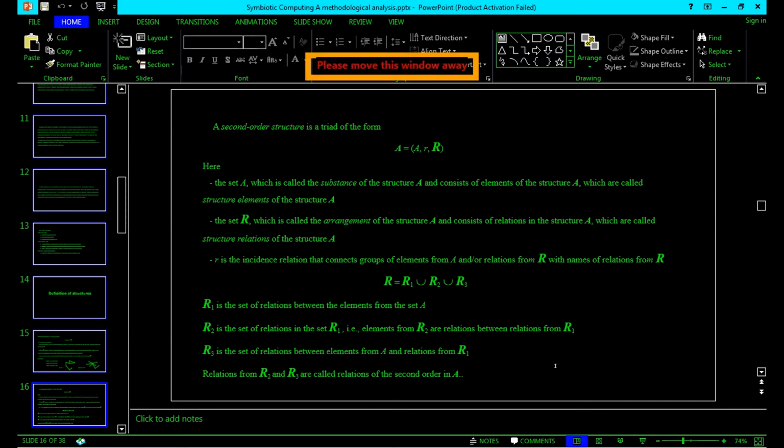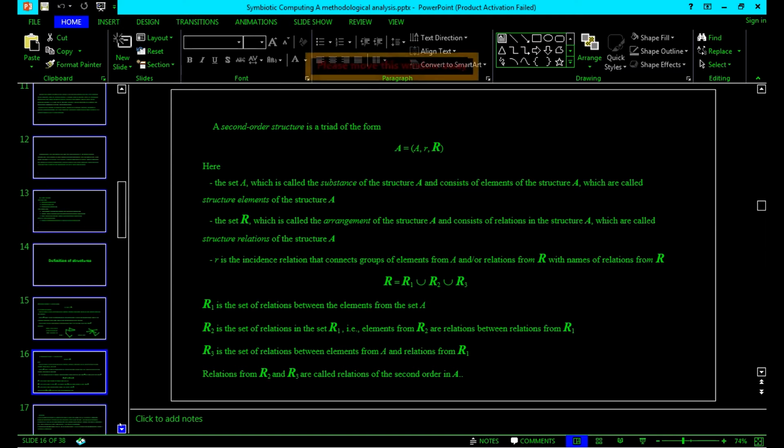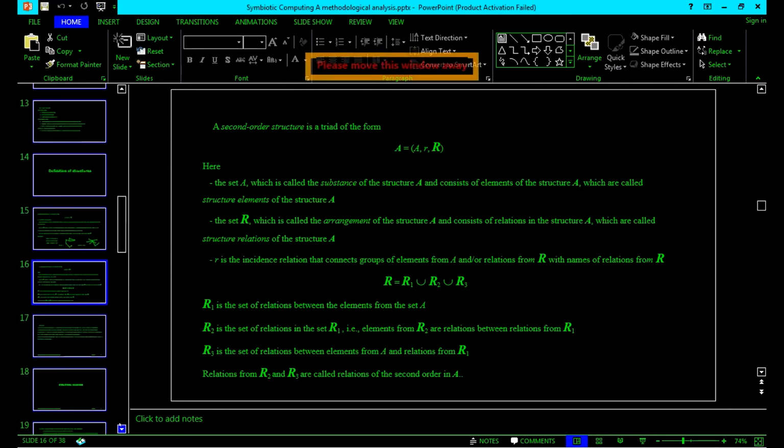So the difference between structures of the first order and structures of the second order is that structures of the first order contain only elements and relations of the first order, and structures of the second order contain relations both of the first and second order.